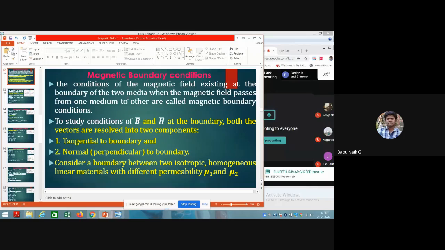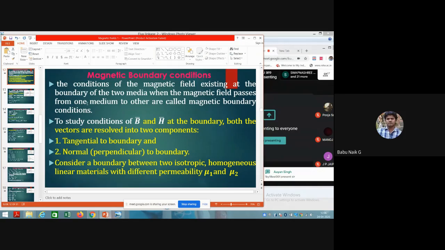In electrostatics we saw what the electric flux density and electric field intensity are when a charge lies on the boundary condition line.